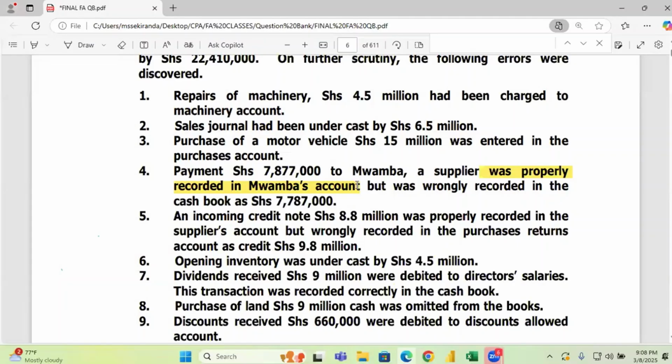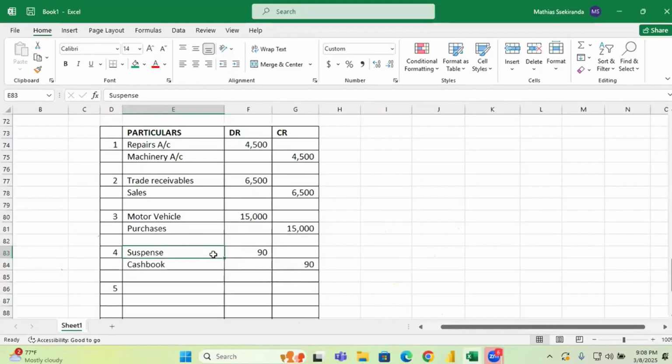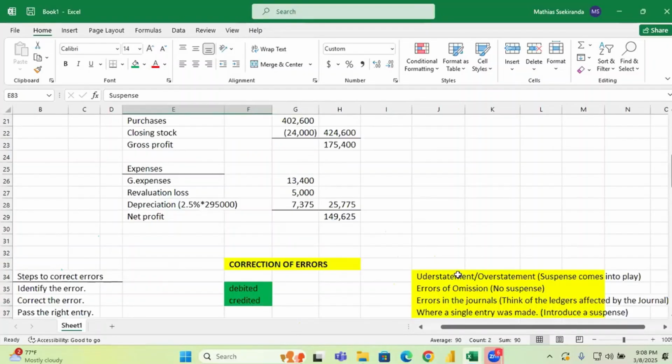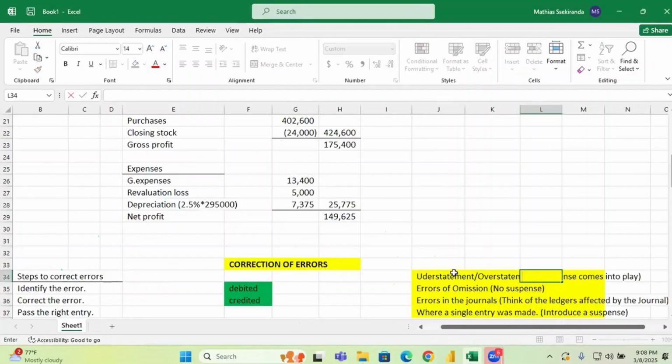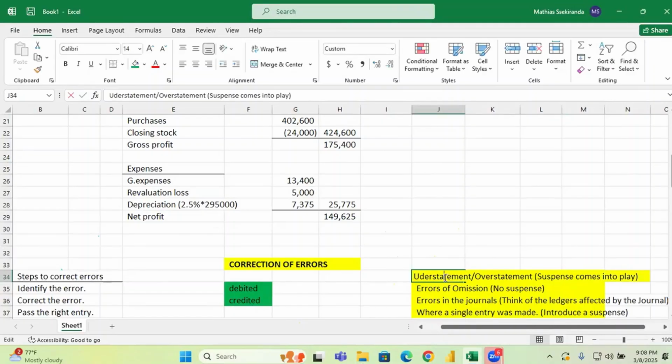Therefore, don't disturb it. The issue is on the credit side of the cash book, where you took a lower figure. So can you credit it more by the difference? Okay? We have credited the cash book more by the difference. And since it had been undercast, the corresponding figure goes to the suspense. Because we said undercast or overcast errors, you have to introduce a suspense. Are we together, guys?